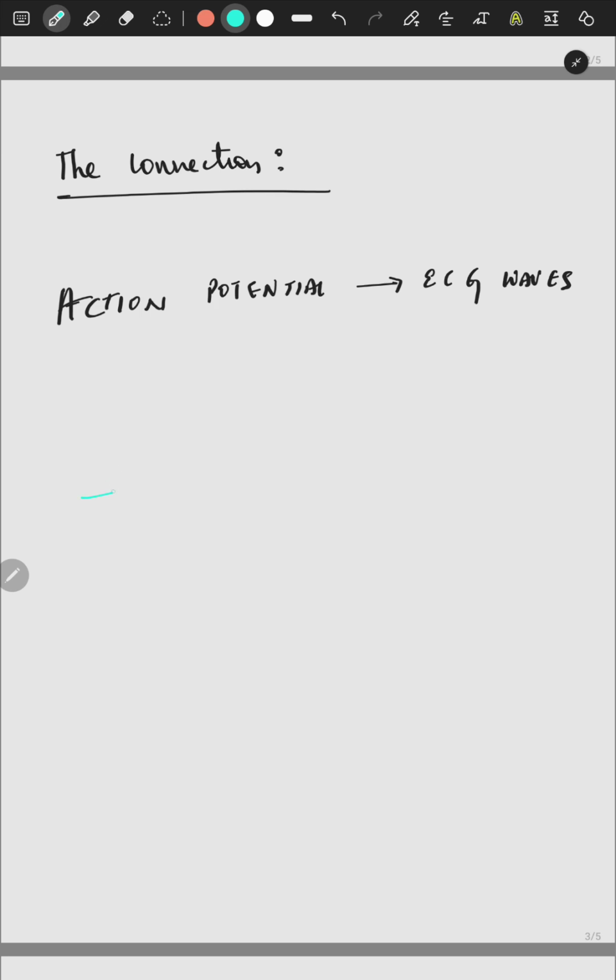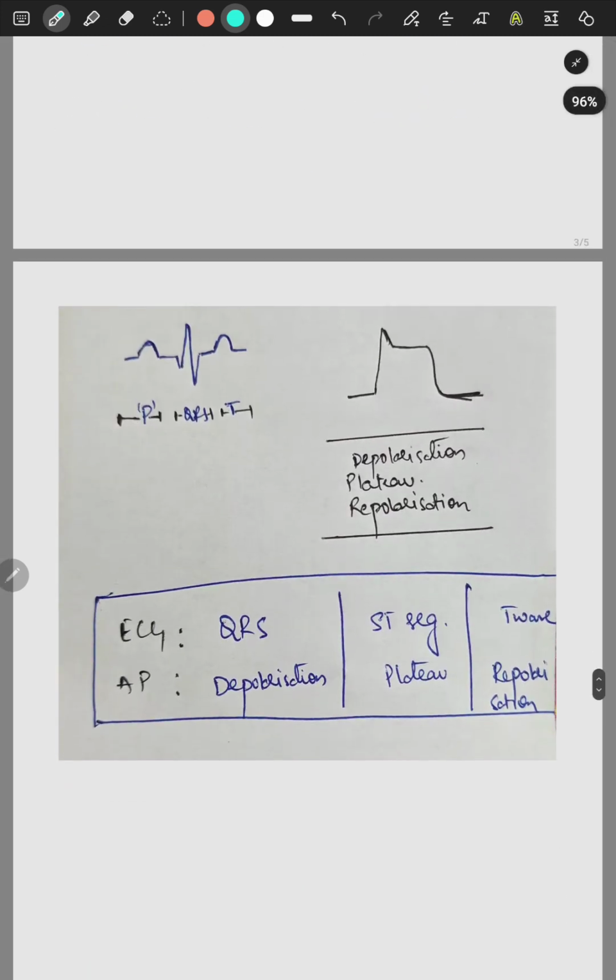So now let's connect ventricular action potential to the ECG waves. How is this ventricular action potential represented in an ECG, which is PQRS and a T wave? What you have to remember is phase 4, the resting phase, is the baseline in the ECG.